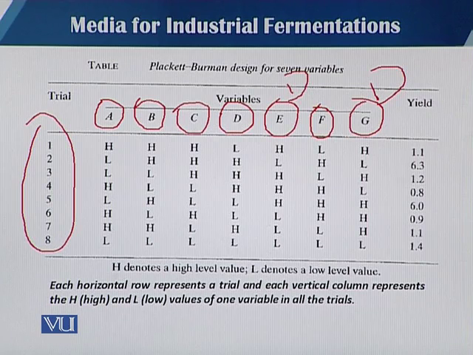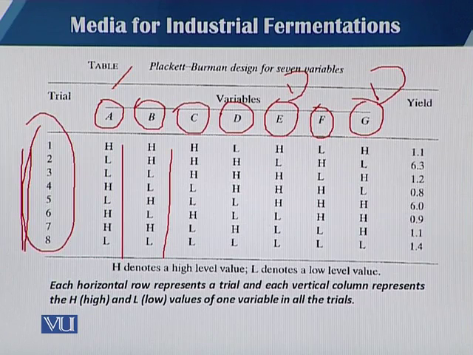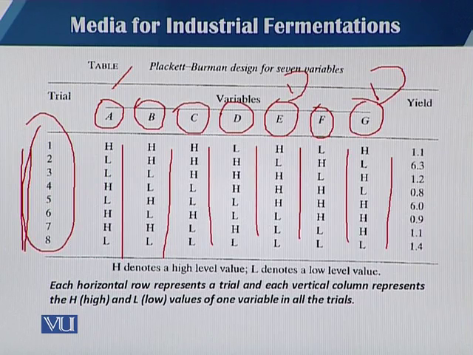In the Plackett-Burman design, if we have 8 trials, in each variable, in case of A, we have to give 50% chance of high and 50% chance of low. You can see in this column that there are 4H and 4L. The same can be set randomly, 4H and 4L, in all 7 variables. Just by designing this, we run 8 different experiments for any desired product, for desired fermentation.